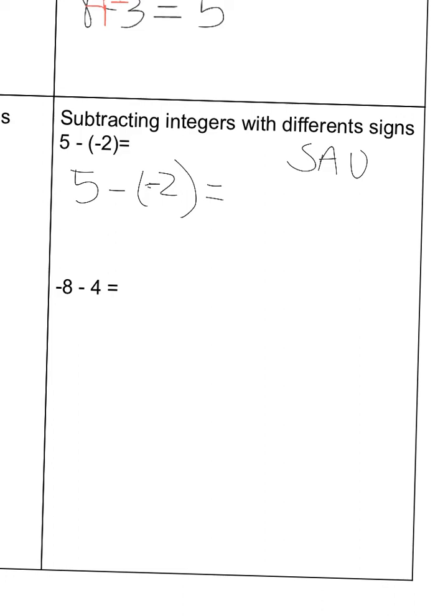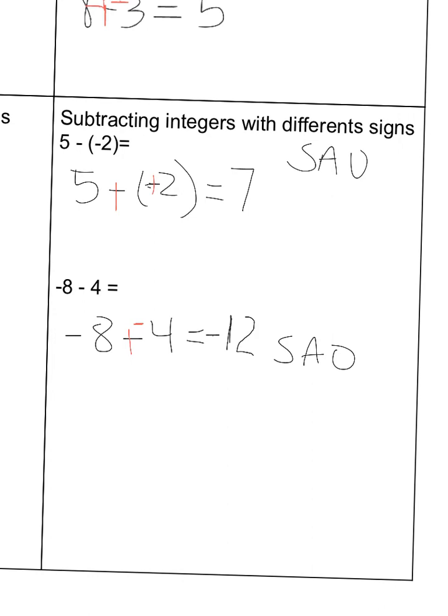So I have 5 minus negative 2, and I'm going to click, clack. I've turned them both into the opposite because I have to add the opposite. And now I'm simply left with 5 plus 2. And we know that 5 plus 2 is 7. The answer remains positive because they are both positive. All right, try the last one.